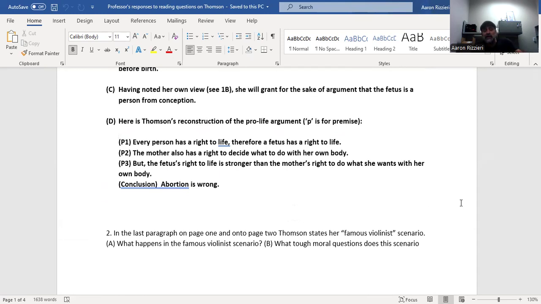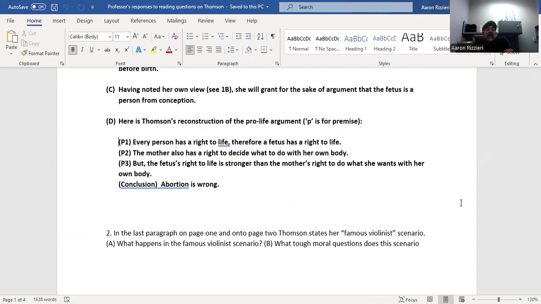The mother, premise two, also has a right to decide what to do with her own body. That's premise two. Premise three, but the fetus's right to life is stronger than the mother's right to do what she wants with her own body. Conclusion, abortion is wrong.